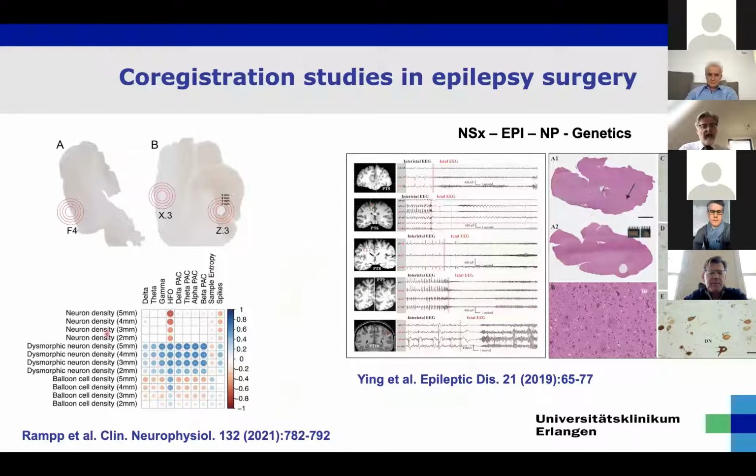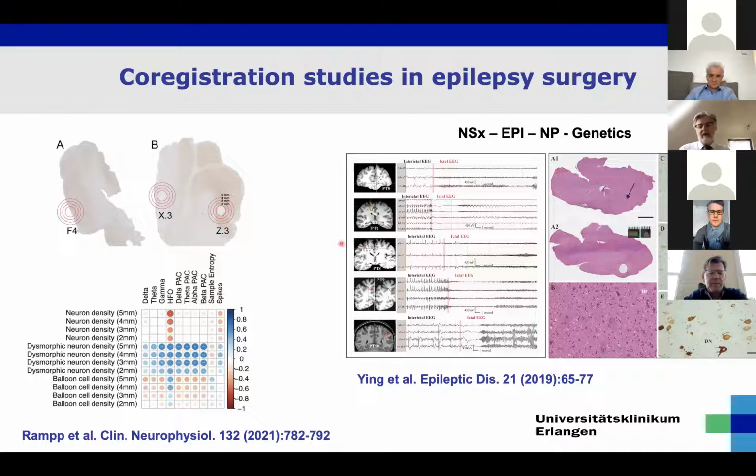And that allows us then to study the neurophysiology signatures of this FCD, and here you have these HFOs only where the neuron density was very high, and where the dysmorphic neuron density was very high, and the balloon cells usually do not play a big role in the abnormal EEG signaling.